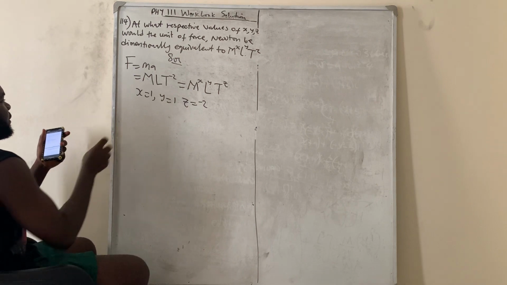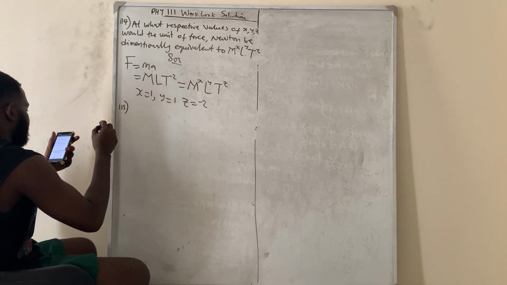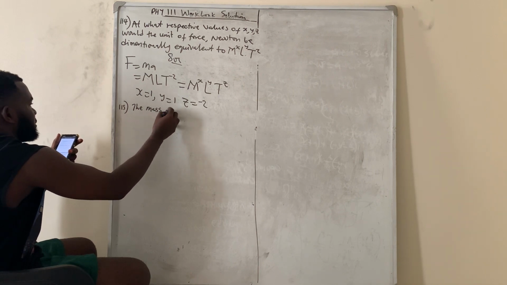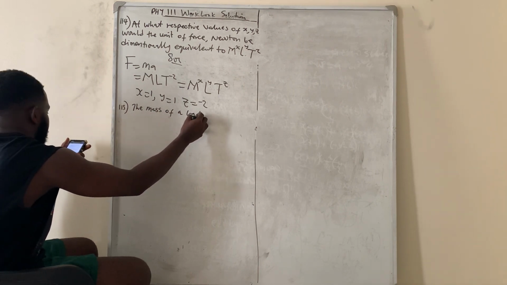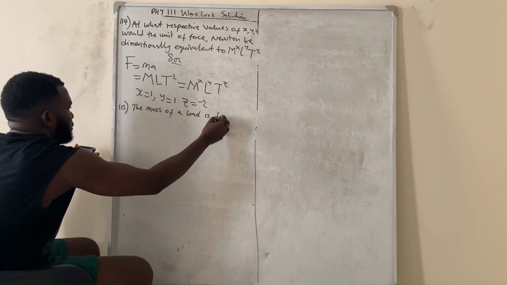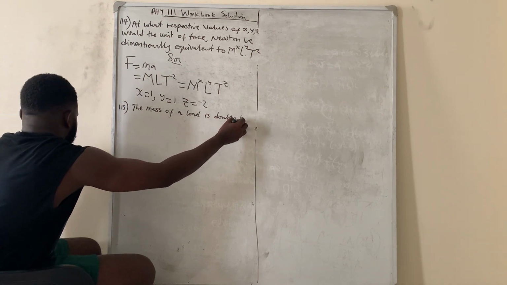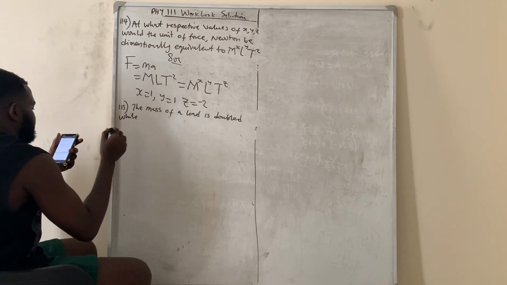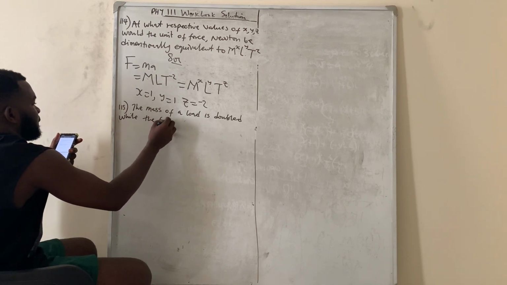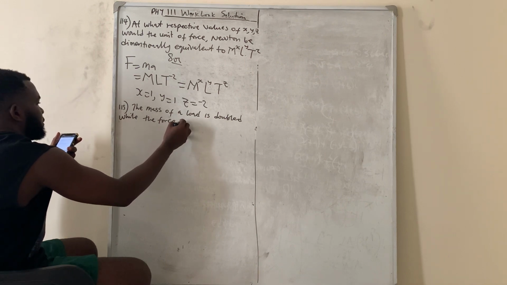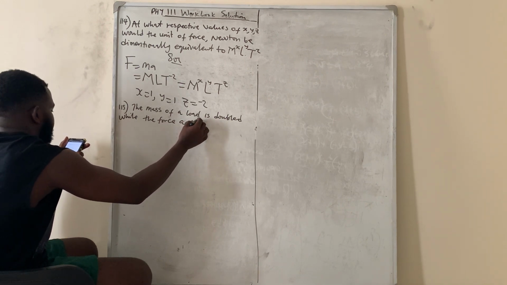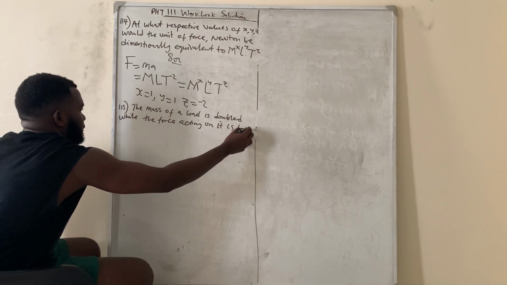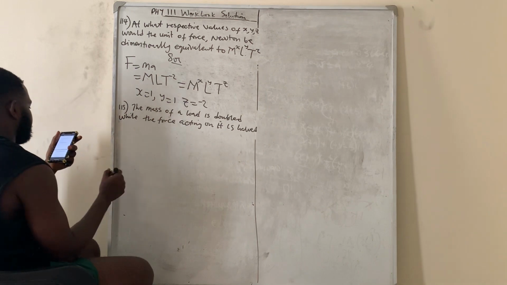Question number 115 said the mass of a load is doubled while the force acting on it is halved.